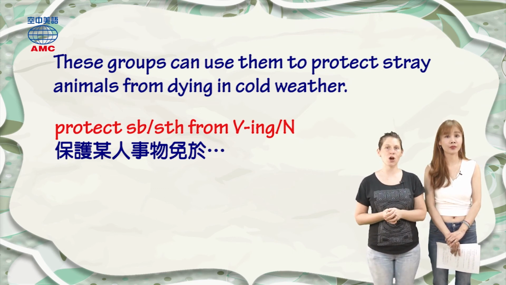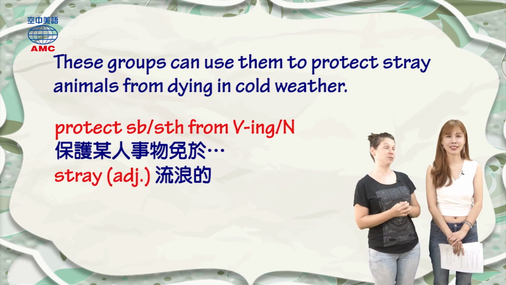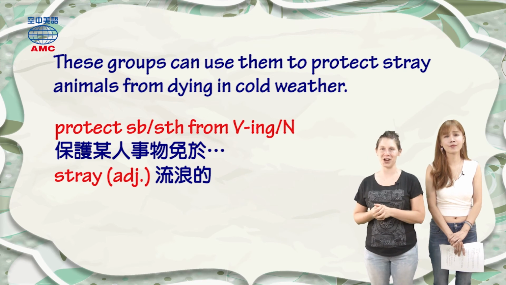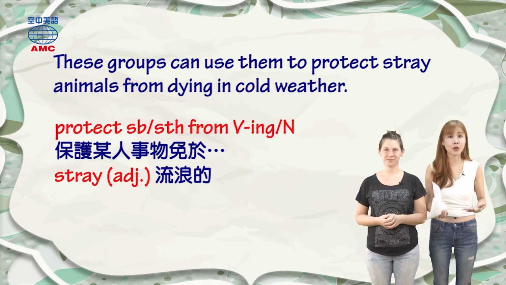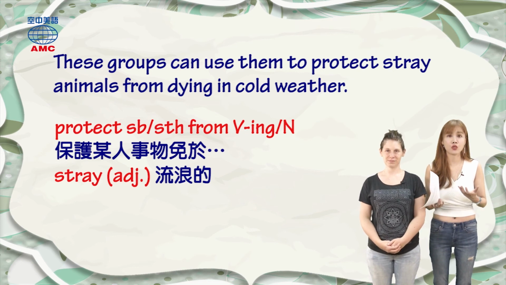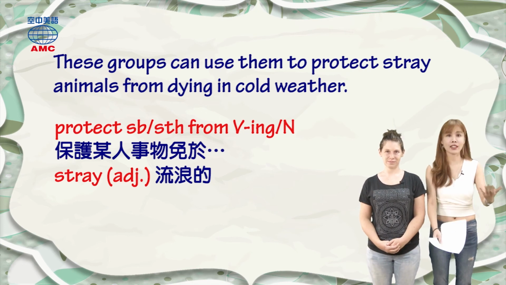In that sentence, we talked about stray animals, and let's learn more about this adjective stray, because you know what animals are. Right, okay. 流浪动物就是像流浪狗、流浪猫，我们要用这个形容词 stray， 就是流浪的。Okay, 所以流浪狗就是 a stray dog， 流浪猫就是 a stray cat.